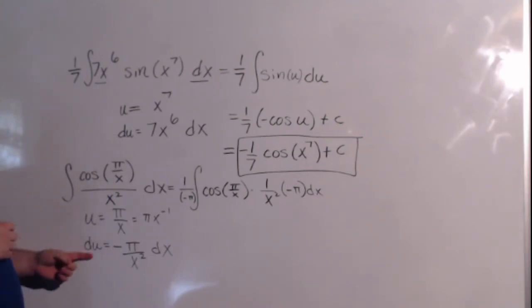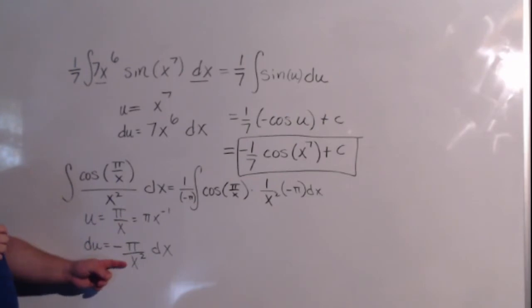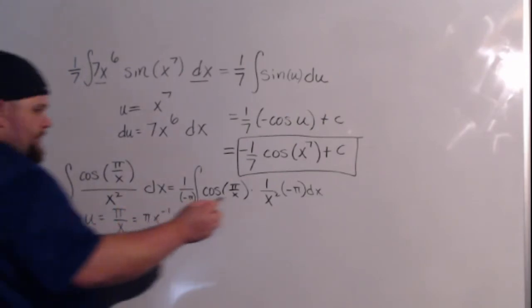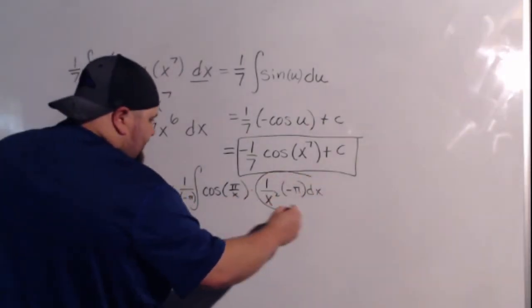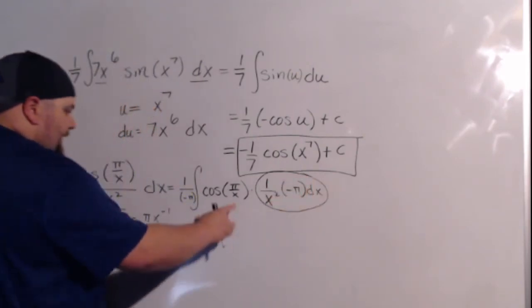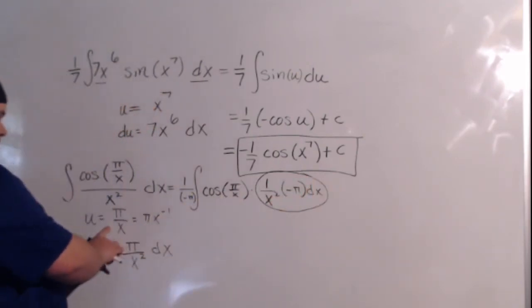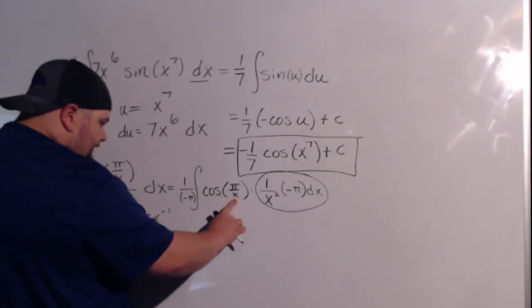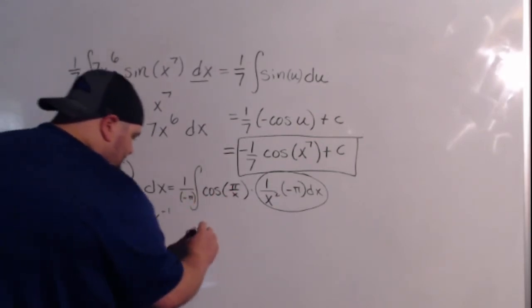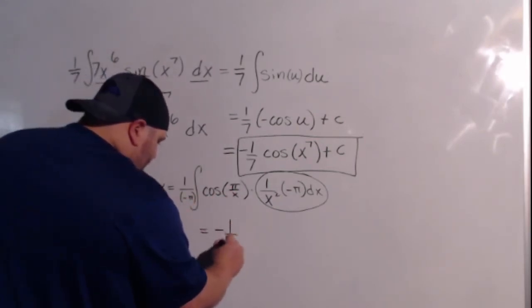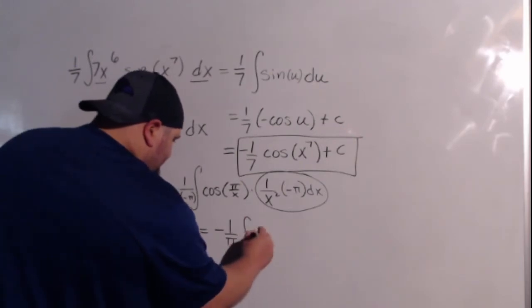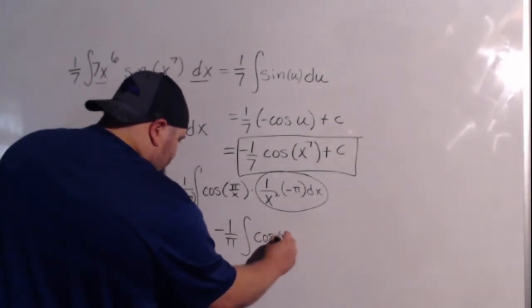So du is minus pi over x squared dx. That's all of this. And pi over x is equal to u. So this is going to turn into cosine of u. And I have this minus 1 over pi on the outside.